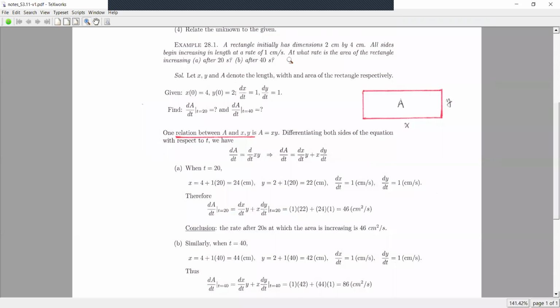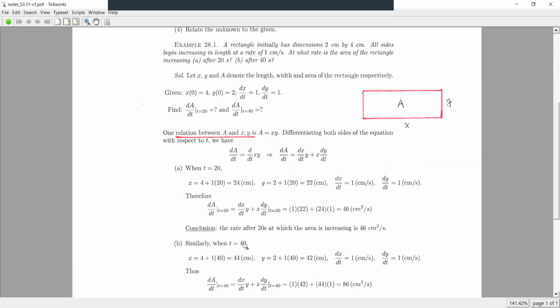The second question: at what rate is the area of the rectangle increasing after 40 seconds? When time is 40, the length of the rectangle is 4, the initial length, plus 1, the increasing rate of the length, times 40 seconds, which is 44 cm.